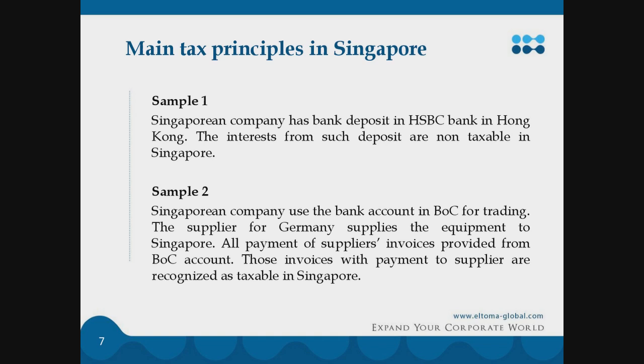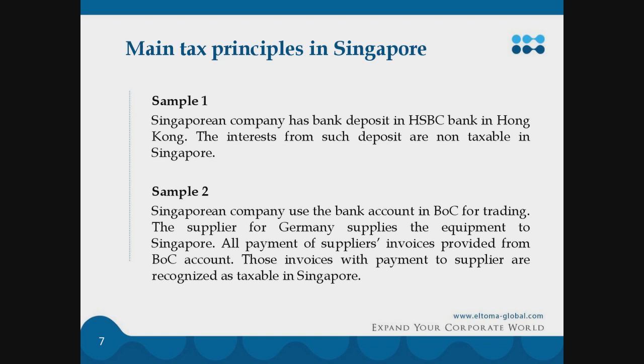of Singapore. But if we revise the second sample, we will find that the amount is deemed to be recognized as income received in Singapore. A Singaporean company uses a bank account in Bank of Cyprus for trading. First of all, we can think that it's out of Singapore.